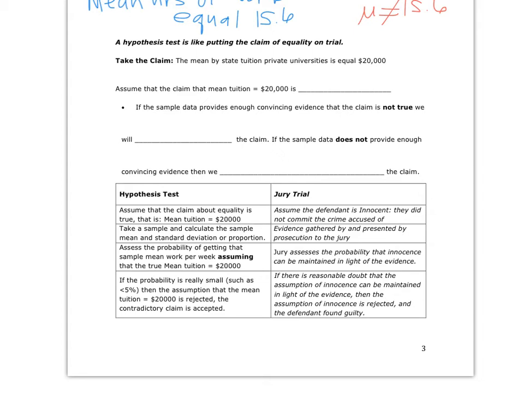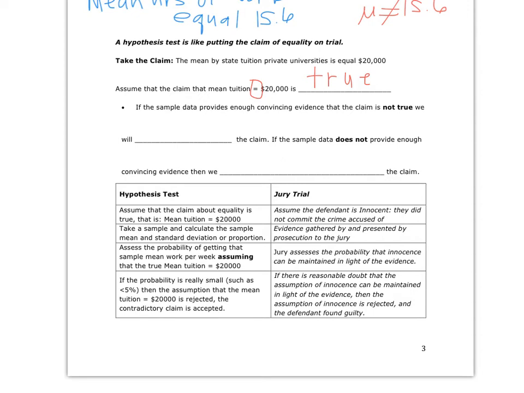So let's look at the claim: the mean in-state tuition for private universities is equal to $20,000. We're going to start by assuming that claim is true, the claim with the equals in it. That's what we base the whole hypothesis test on, that this hypothesis is true.